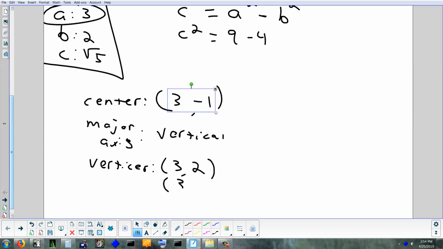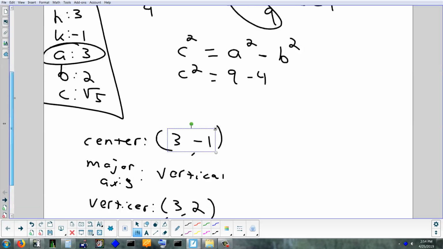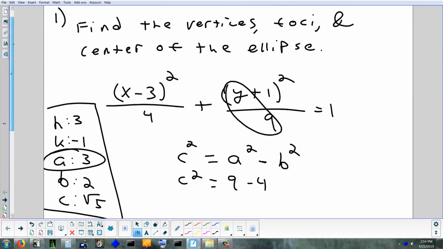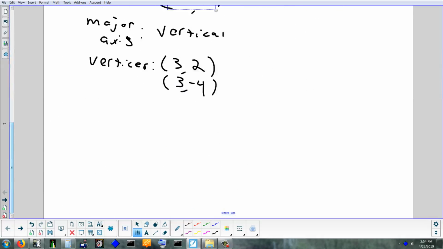And 3 units down from negative 1? Negative 4. You just leave the first number the same, because the vertices have to line up exactly with the center. So they're all going to line up vertically: the center, the vertices, and the foci.